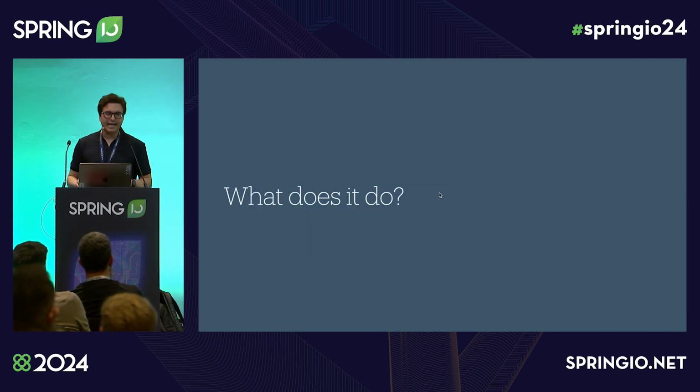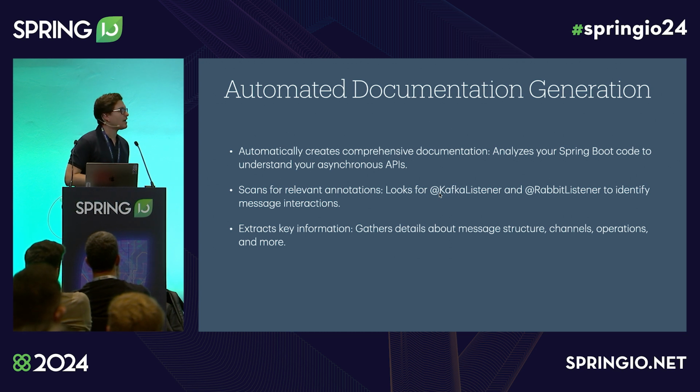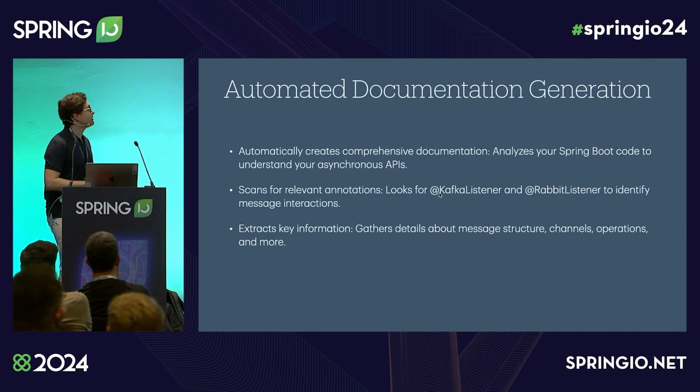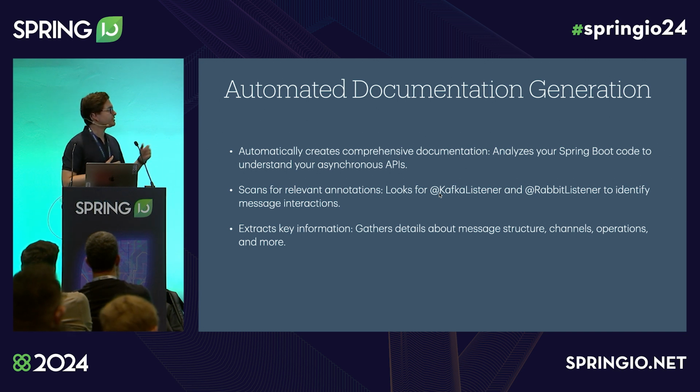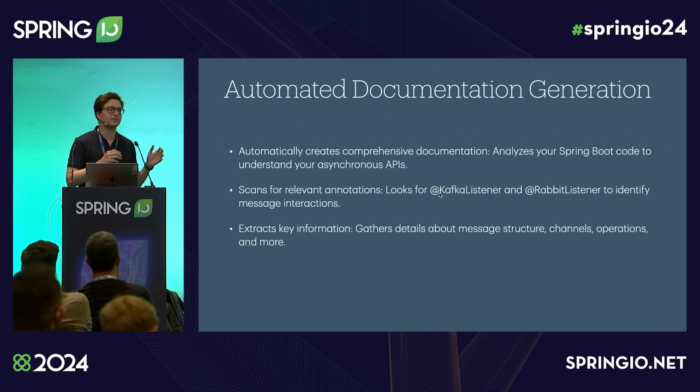But what does it actually do? So first of all, it automates the documentation generation, right? It's boring to define your AsyncAPI file by hand. So how much better if we could just generate it automatically. So you can see that it's done by scanning relevant annotations in our application, such as Kafka Listener, Rabbit Listener, SQS Listener, or even your custom annotations as well as the async listeners.